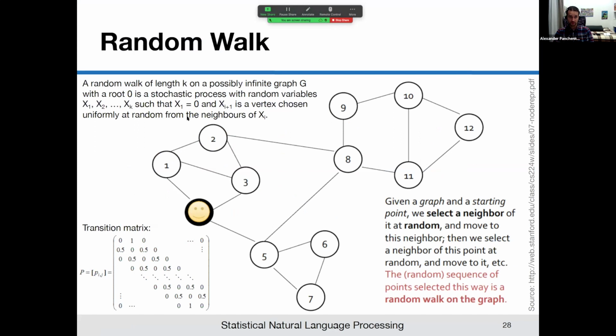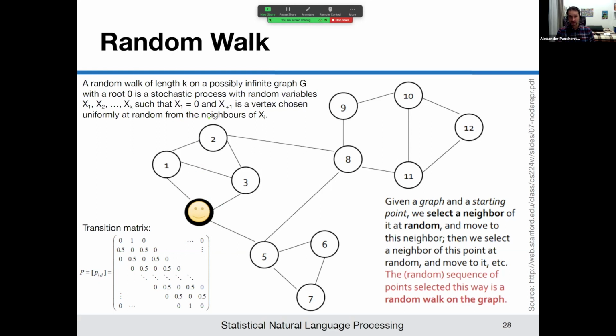Given a graph, a random walk of length k is a kind of stochastic process where you have k random variables associated with it, such that the first one is initialized with some starting value of this walk, and then the next random variable is chosen uniformly at random.